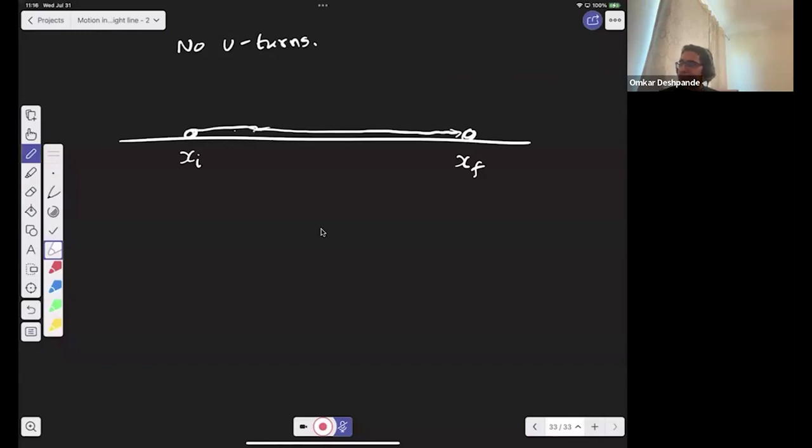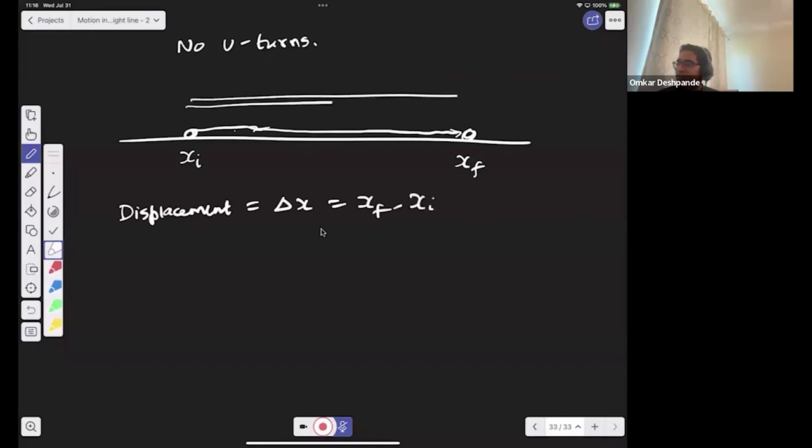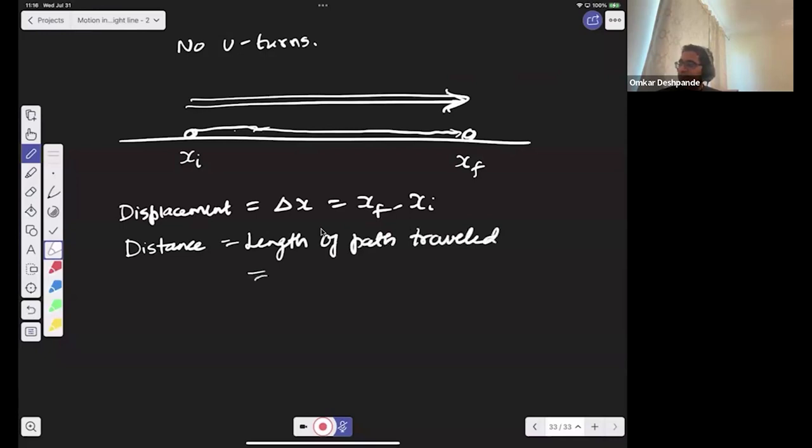So in that case, my displacement would be delta x, x final minus x initial, right? Basically just the length of this arrow. And my distance, which is the length of the path traveled, is also the length of that arrow, right?